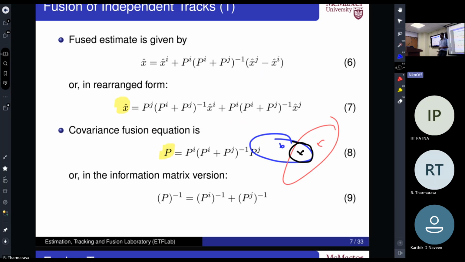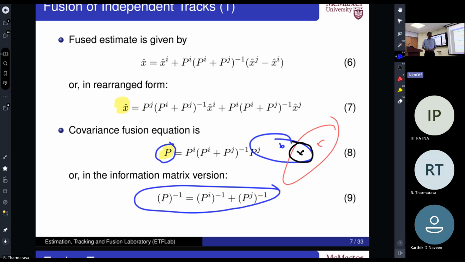If you look at this equation, this P, you can use that or this term. Both will give the same answer. This one you can think of, I think when you studied the CRLB, as the inverse of covariance being information. So the new information is equal to the information we get from sensor 1 plus the information we get from sensor 2.